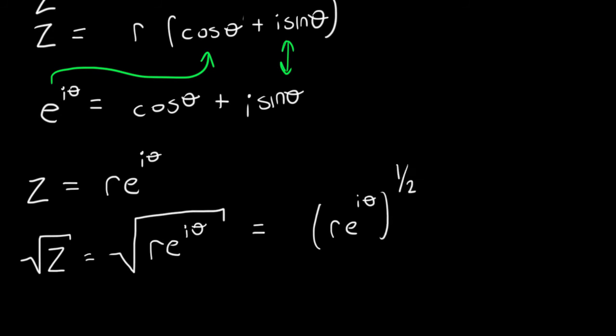We apply this exponent to the r, and we apply it to the group of exponents over here, which gives us r raised to the 1/2 multiplied by e raised to i multiplied by the angle all over 2.